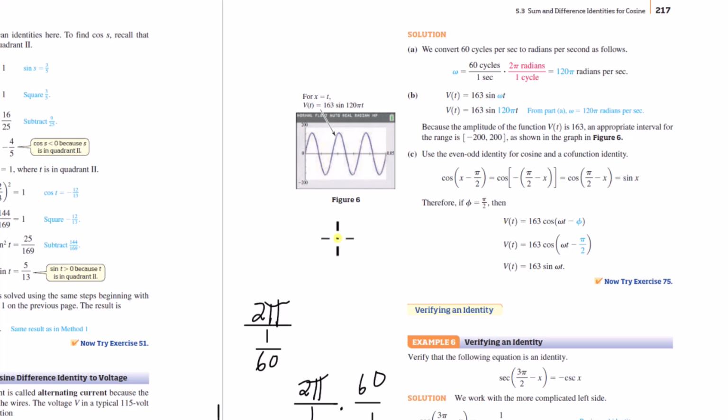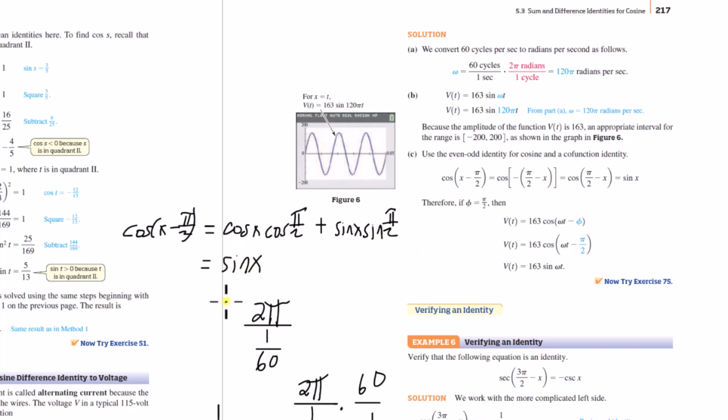But yeah, you could have done cosine of x minus pi over 2. This is a quadrantal angle, so the difference identity gives cosine x cosine pi over 2 plus sine x sine pi over 2. Cosine pi over 2 is 0, sine pi over 2 is 1, so there you go. Not sure why they didn't do that, but they did it another way here.